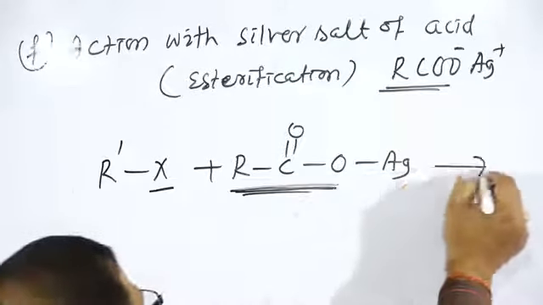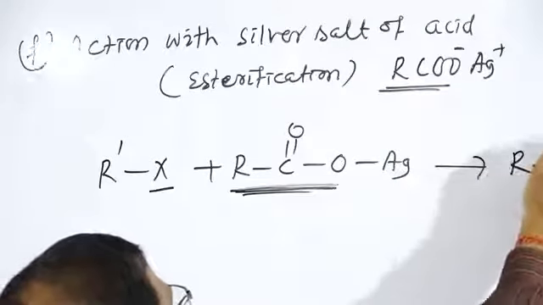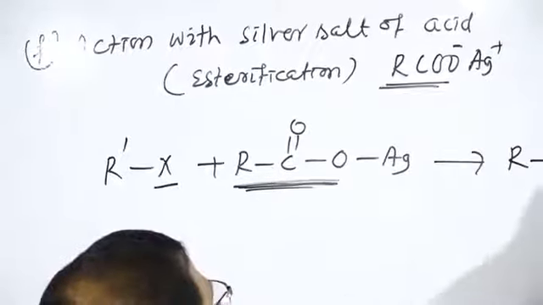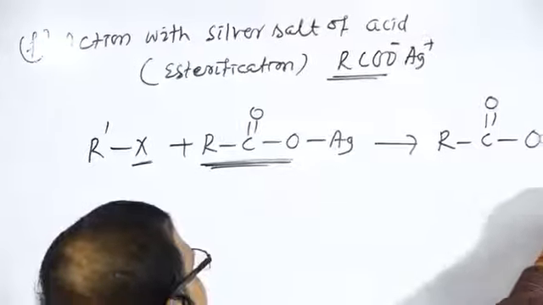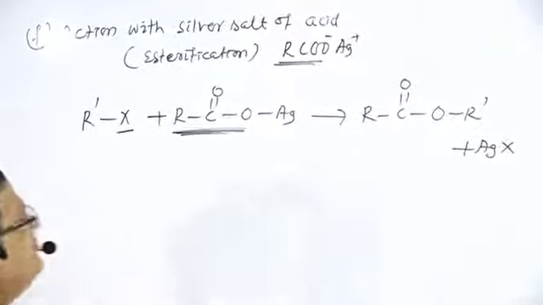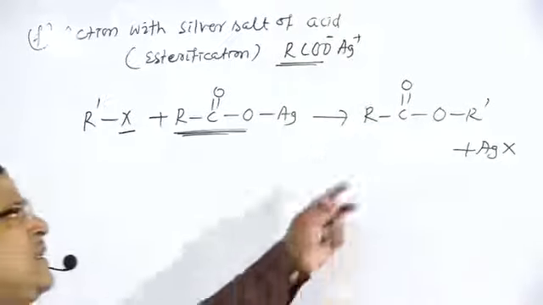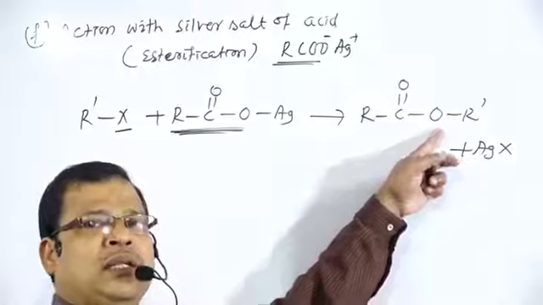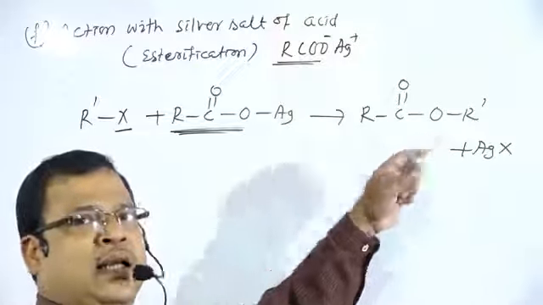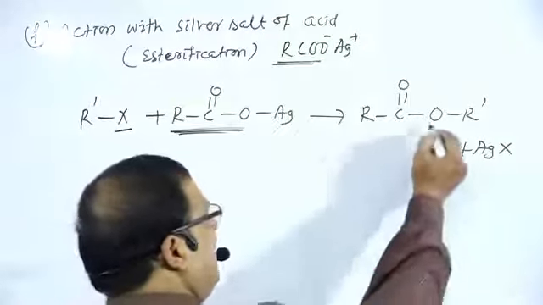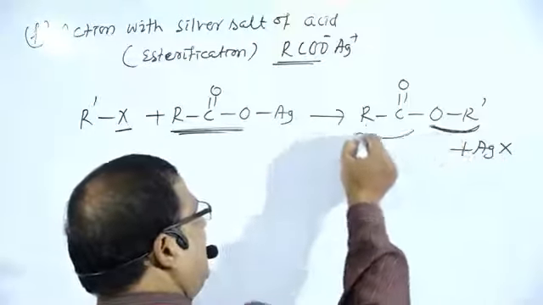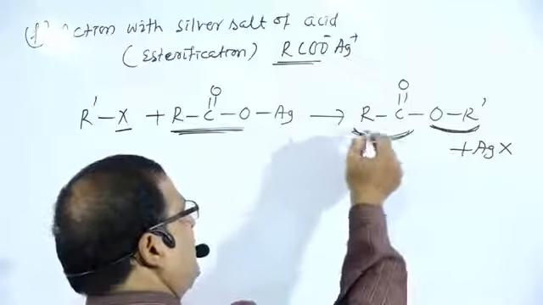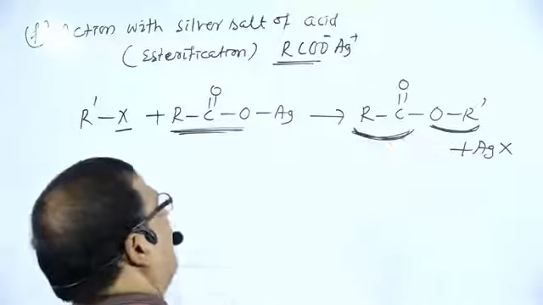So there is the formation of the product RCOOR' plus AgX. RCOOR' is the formula for the ester. Esters are known as alkyl alkanoates: this part is alkyl, and this part is treated as alkanoate.